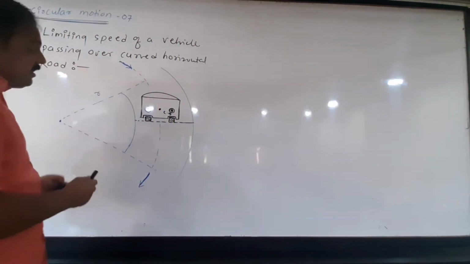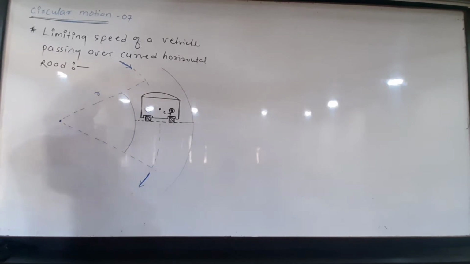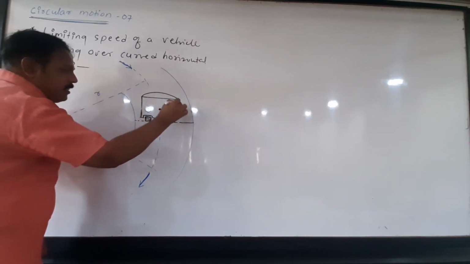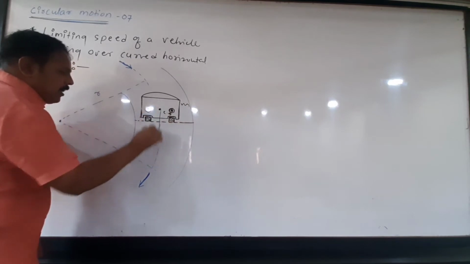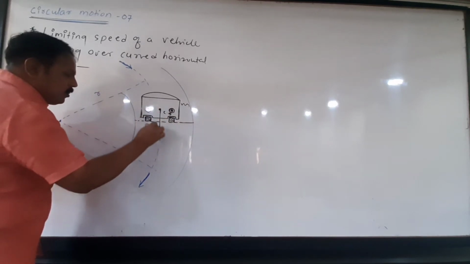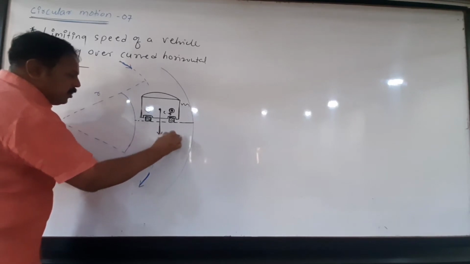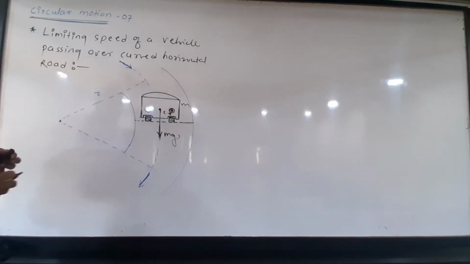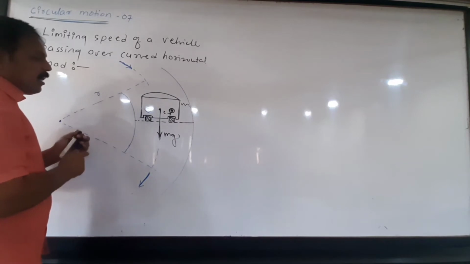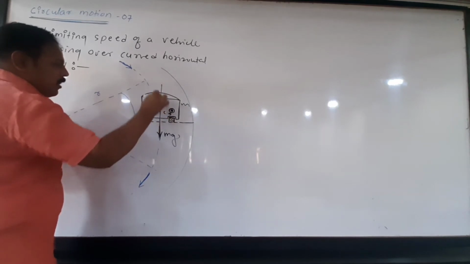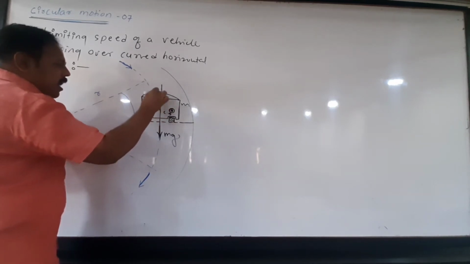So, the question arises, how many forces are acting on the vehicle? First is the weight of the vehicle. If m is the mass of the vehicle, then what is the weight of the vehicle? Here, the weight of the vehicle is mg. And another force is the normal reaction acting by the road on the vehicle. That normal reaction is acting upward.